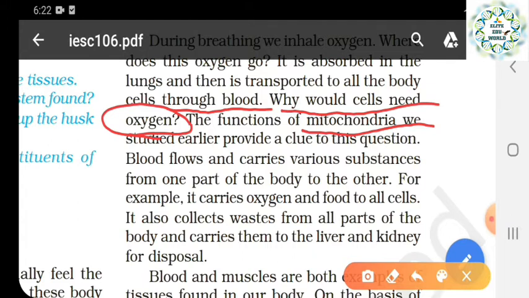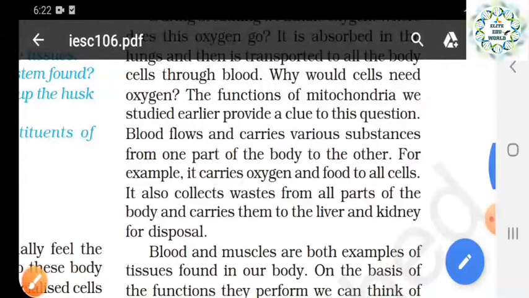When oxygen breaks down the glucose, it is called the burning of food. It breaks down the food material and, with the help of oxygen, releases the energy, which is stored in the form of ATP, and that ATP is utilized for each and every function of the cell.